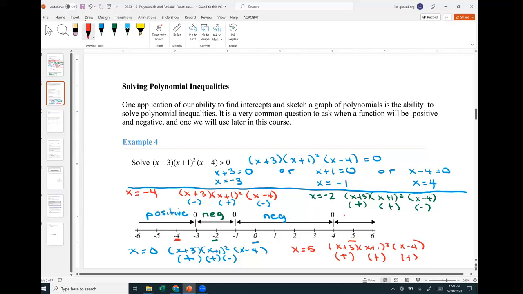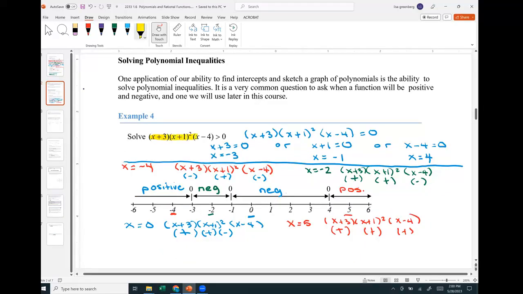So my entire region is positive. When this is greater than 0, which means we want to know when it's positive. So our polynomial is greater than 0, well, when it's positive.